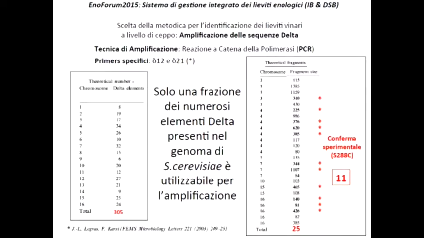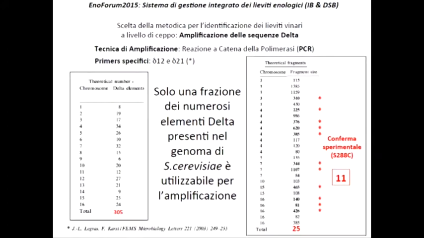For S288C, which is the reference strain, there you have approximately 300 delta sequences which are scattered around in the genome.